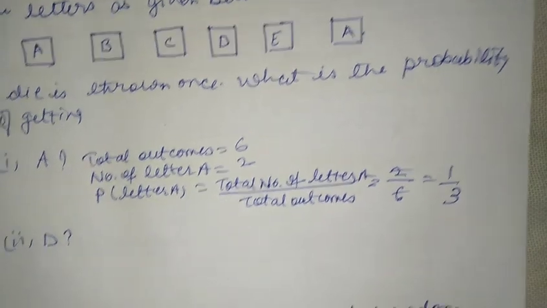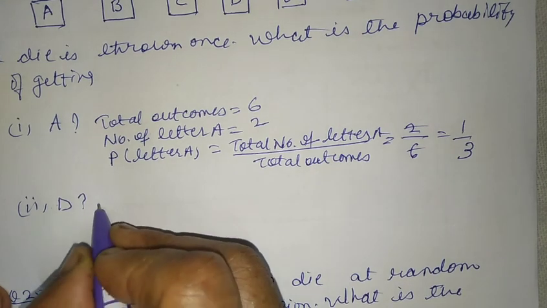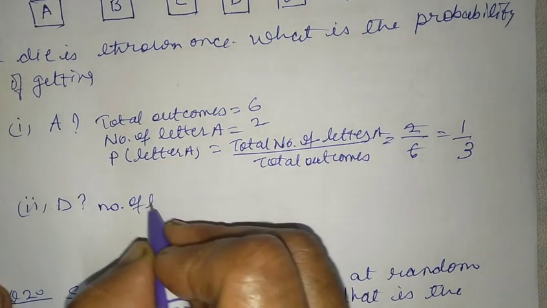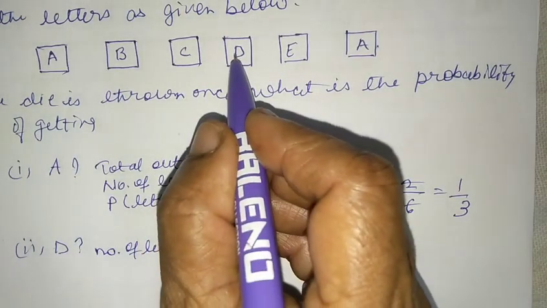Now we have to find the probability of getting letter D here. So again, the number of letter D we have is only 1.